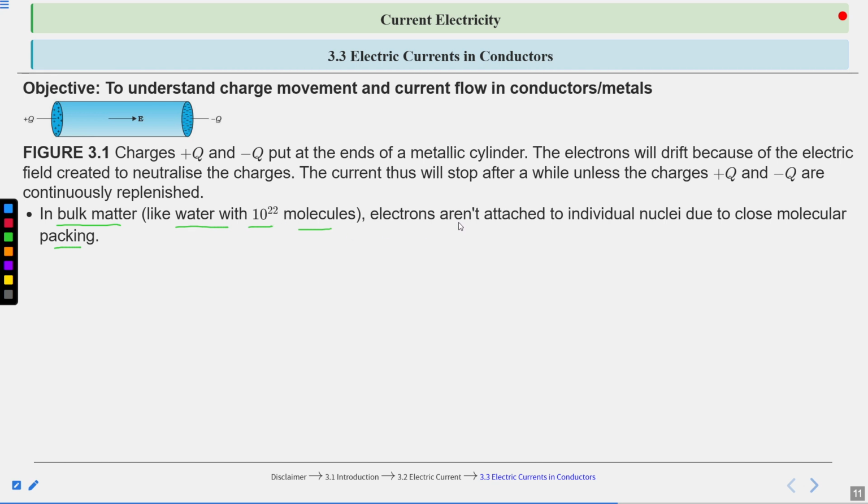Electrons are not under the influence of one nucleus only. They are under the influence of attraction of other nuclei also, because molecules are packed very closely, so nuclei of different atoms are very close.